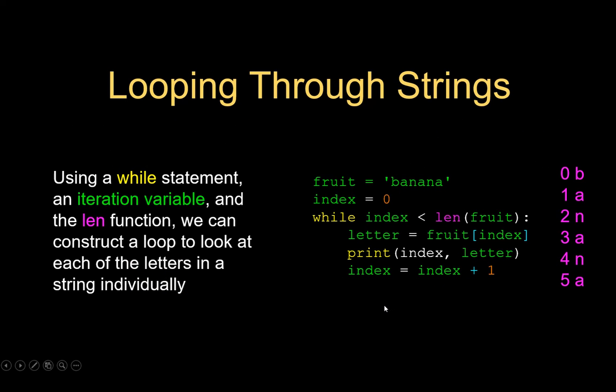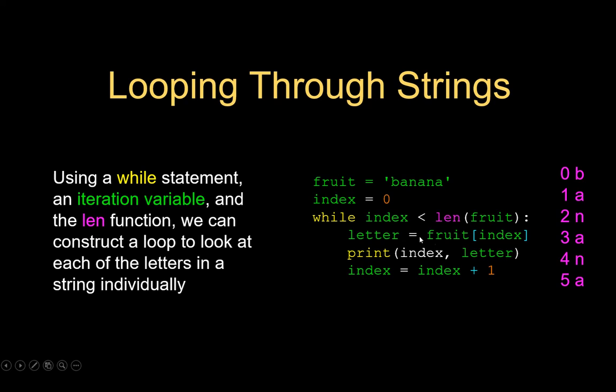Okay, now we can use strings to create a loop. In this example, again, we are using the fruit variable. We assign banana to the fruit variable. We define an index equal to 0, and we have a while loop, which says that while index is less than the length of fruit, in this case index is 0, and the length of fruit is 6 because our banana has 6 characters.